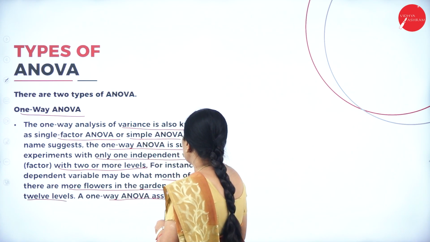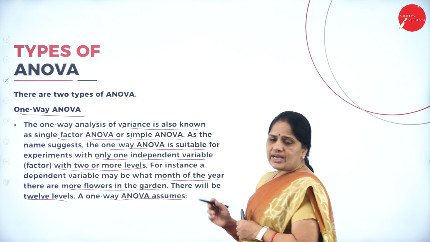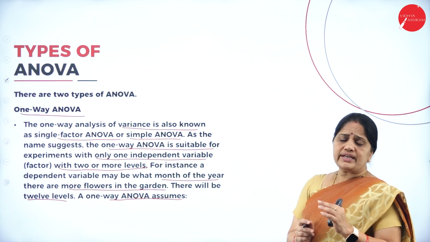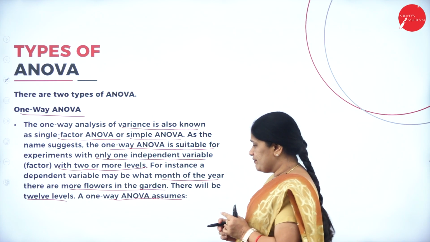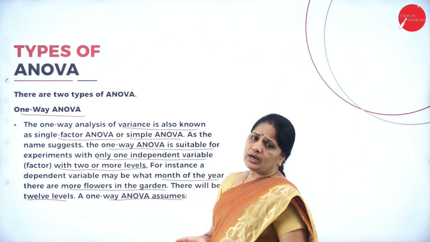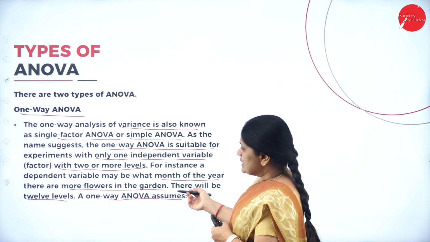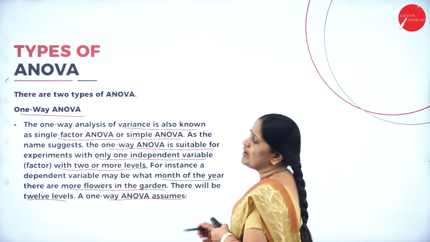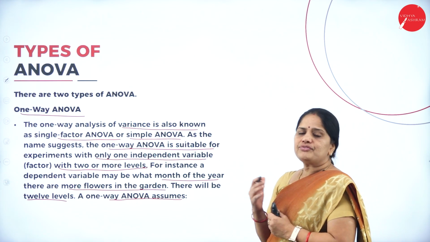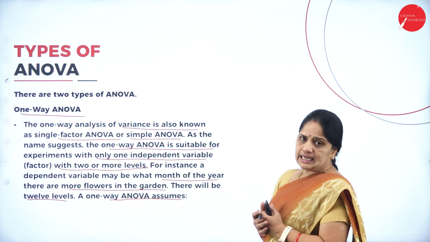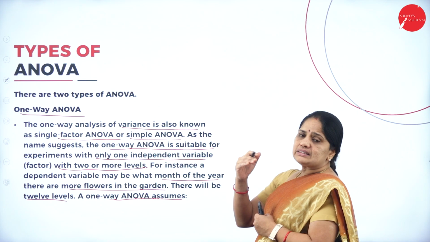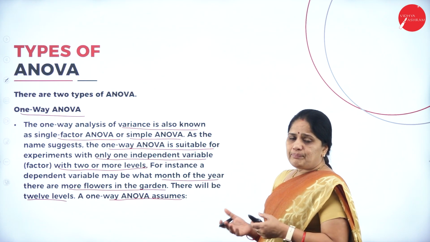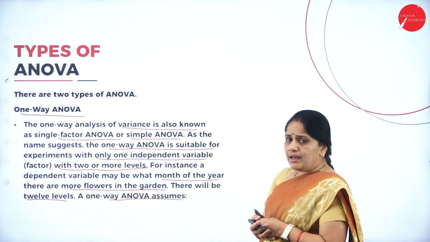For example, if you are taking the number of flowers in the garden, for every month the number of flowers may increase or decrease depending on the output of the plant.